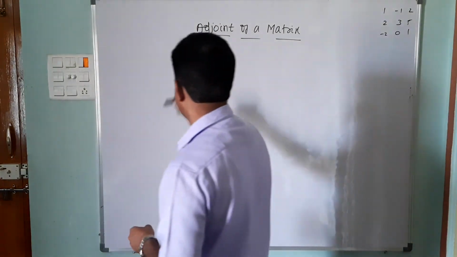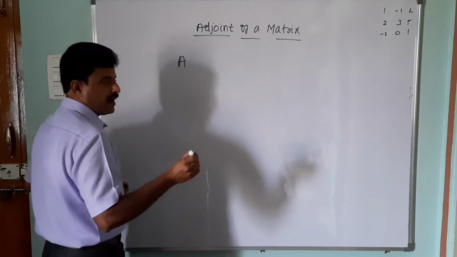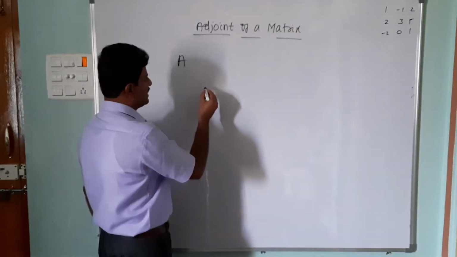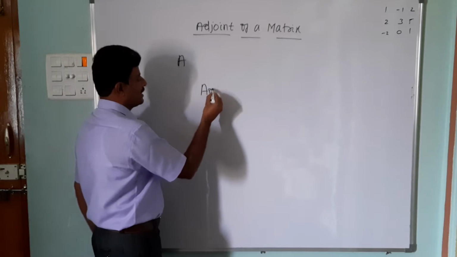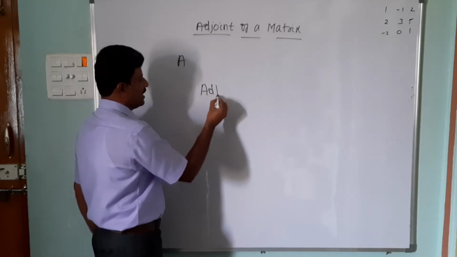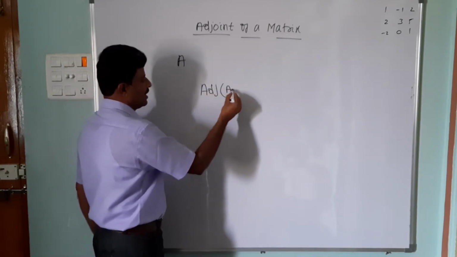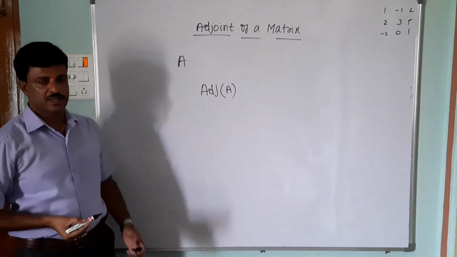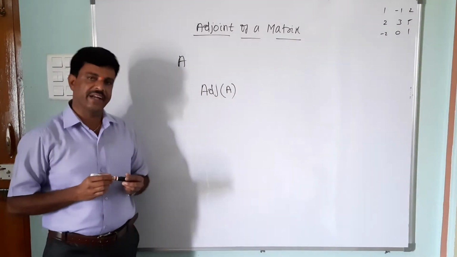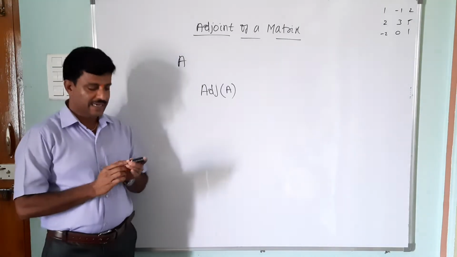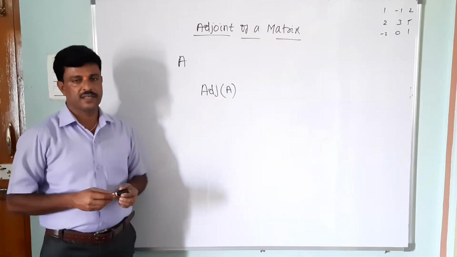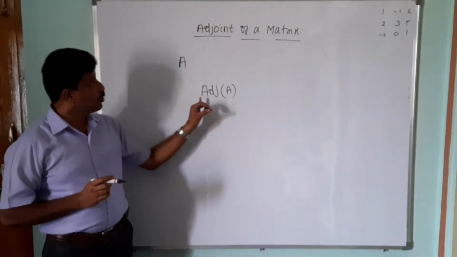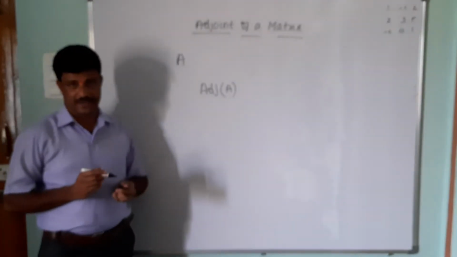Let A be a square matrix, then the adjoint of A is denoted like this, ADJ of A. Did you understand? This is how the adjoint of a matrix is denoted.